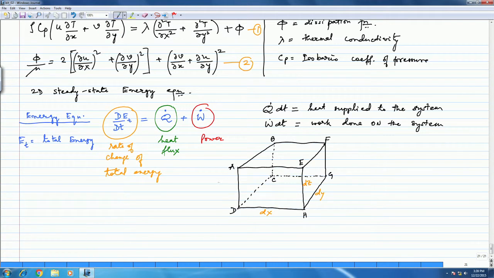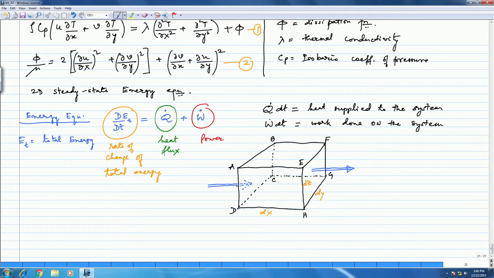You have flow which is moving past it. Is that right?